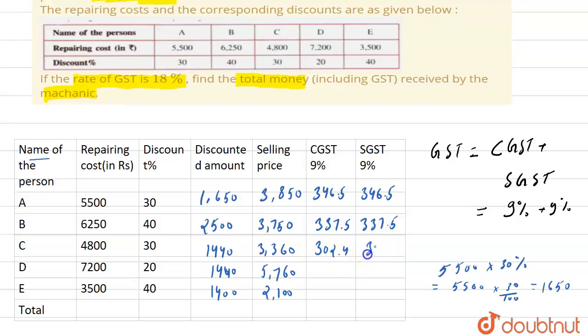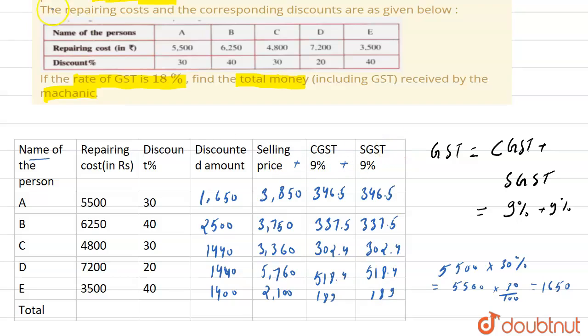Same for this 302.4. Now for this it will be 518.4. Same for this 518.4. And now for this it will be 189. Same for this 189.